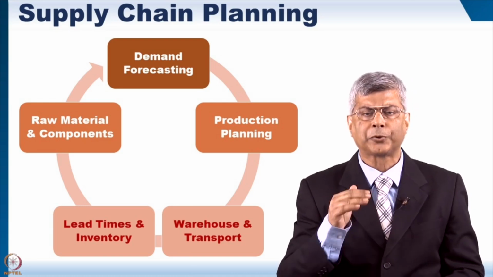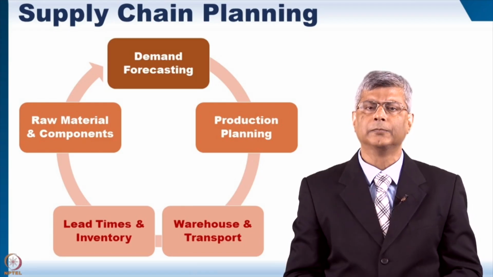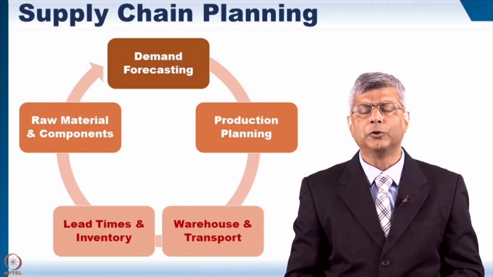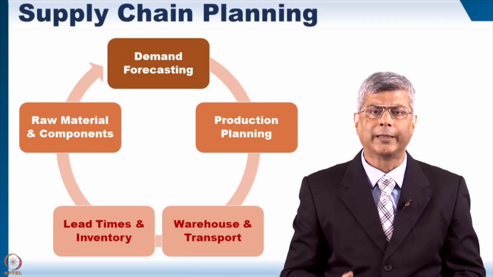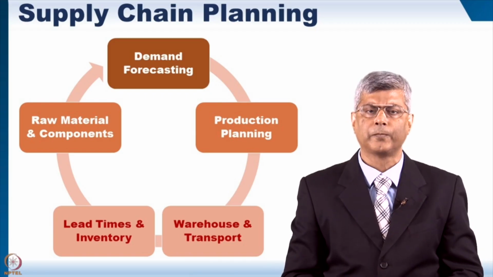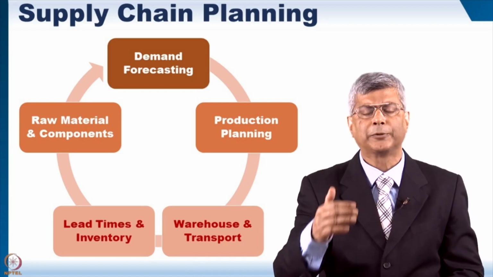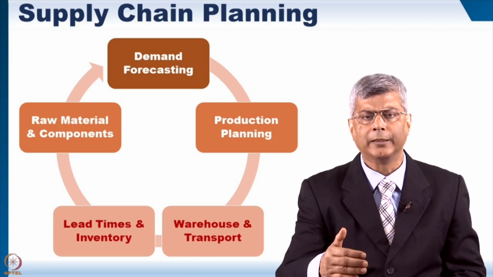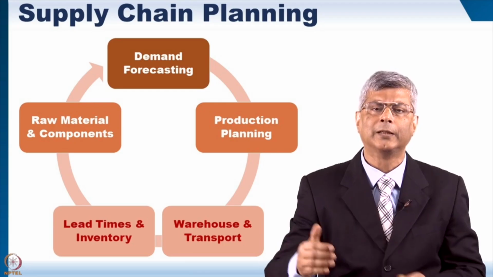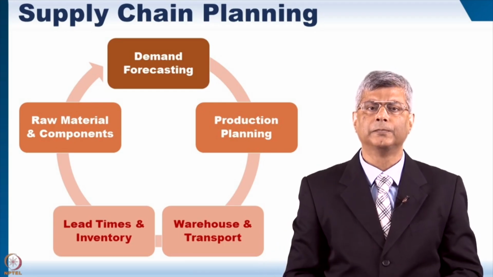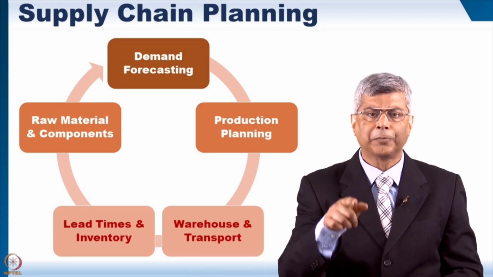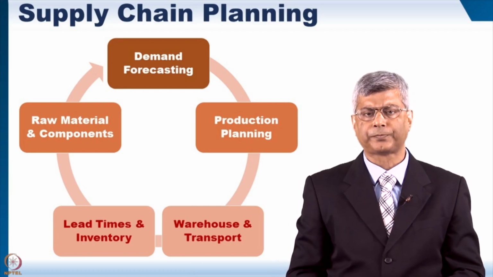If your capacity to truck out is 10 trucks a day, chances are you don't want 100 trucks a day. But if your capacity is 100 trucks a day, you don't want to dispatch only 10 trucks a day, because then you have idle trucking capacity. So you have to plan the warehousing and the transport.